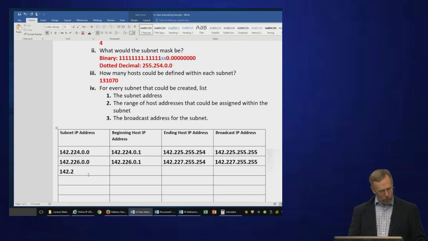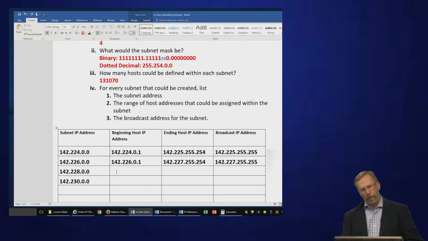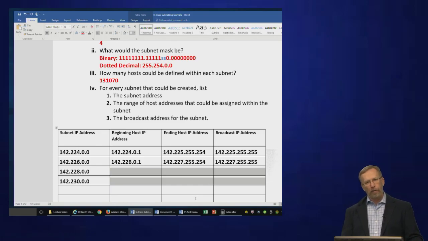This one's going to be 228. And the last network is going to be 230. And that's our 4 subnets. I could fill the rest of this in, but I'm not going to take the time right now to do it. So I could fill out that whole table and figure out what the practical, useful information is as I'm assigning IP addresses to things.